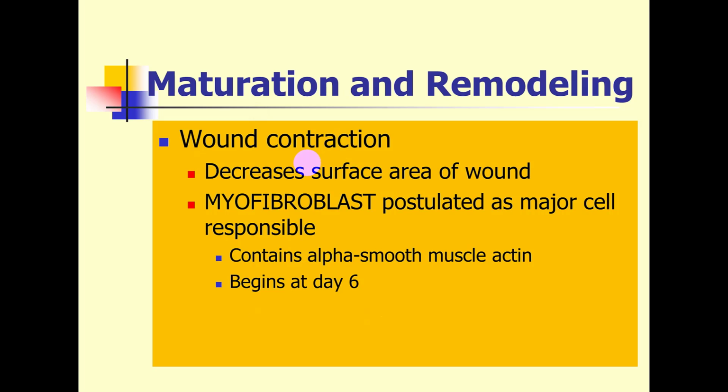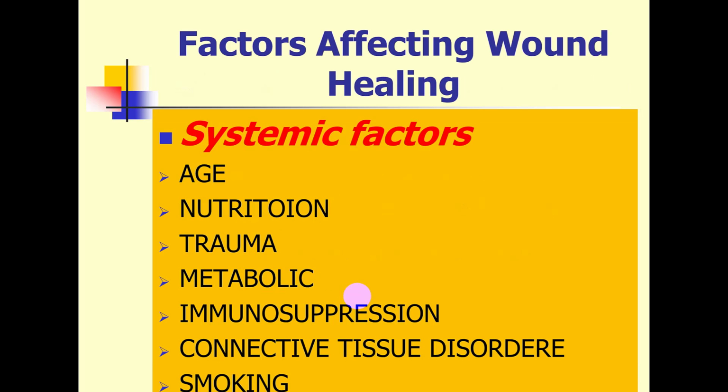The remodeling happens through wound contracture, decreasing the surface area of the wound, and the myofibroblast is postulated as the major cell responsible. The myofibroblast, responsible for wound contracture, contains alpha smooth muscle actin and begins at day 6. So if you have a wound of about 4 cm, after the 6th day it is reduced in size because of the process of contraction.